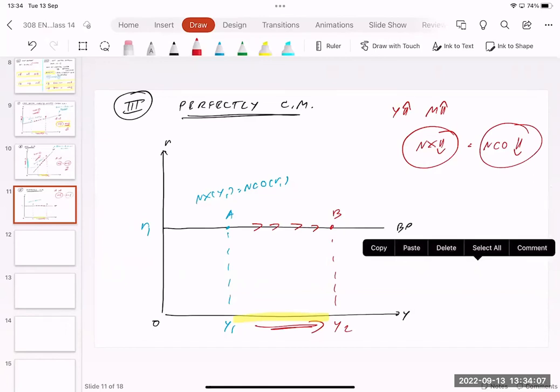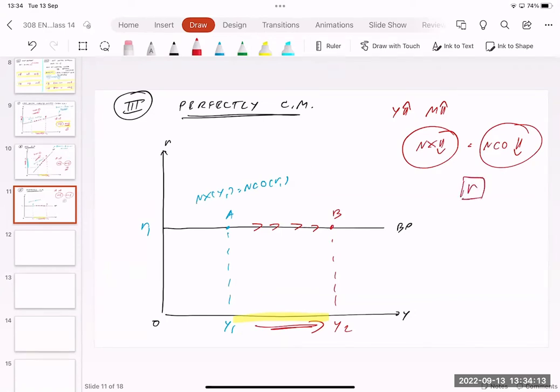But in this case, you don't need to increase the real interest rate. The real interest rate just stays the same, no change. The money can flow in by itself because this is a free market. This is a perfect capital mobility country.